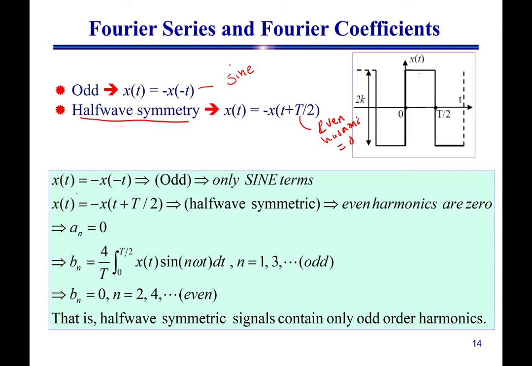Okay, so because it is an odd function, we have only the sine term. Because we have half wave symmetry, the even harmonics are 0. So an is 0, bn for the even will be 0. So we're going to have only bn for the odd harmonics.